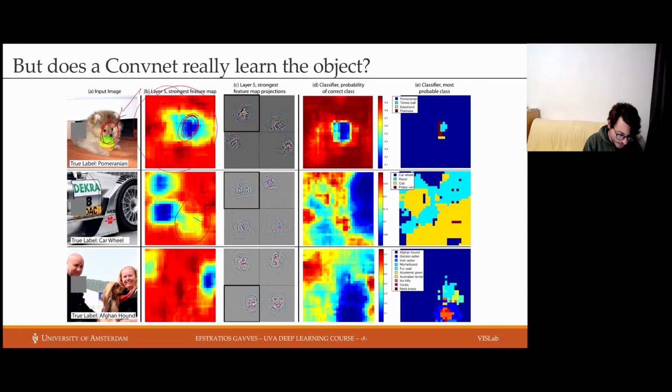So for the car wheel, again we observe that the activations are in reasonable places, like on the wheel and on the door. And the same for another case of Afghan hound. It doesn't matter that we're occluding here. The results are consistent.